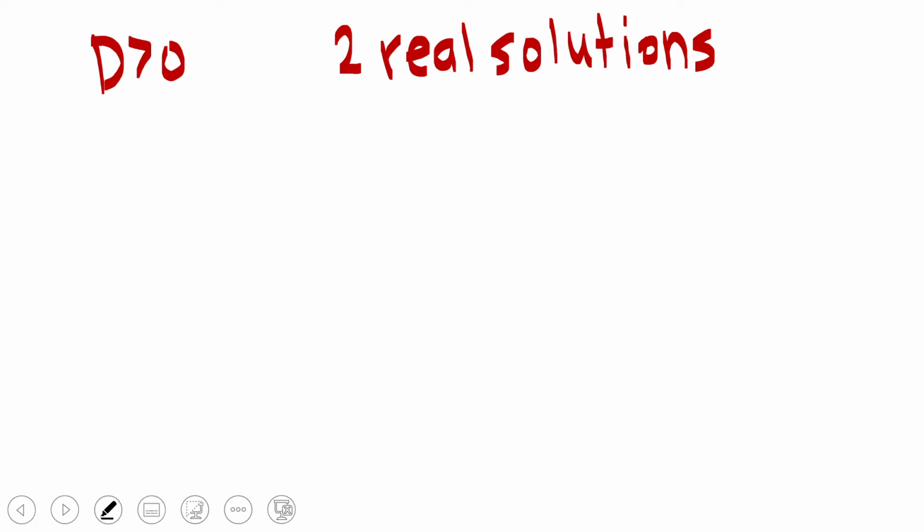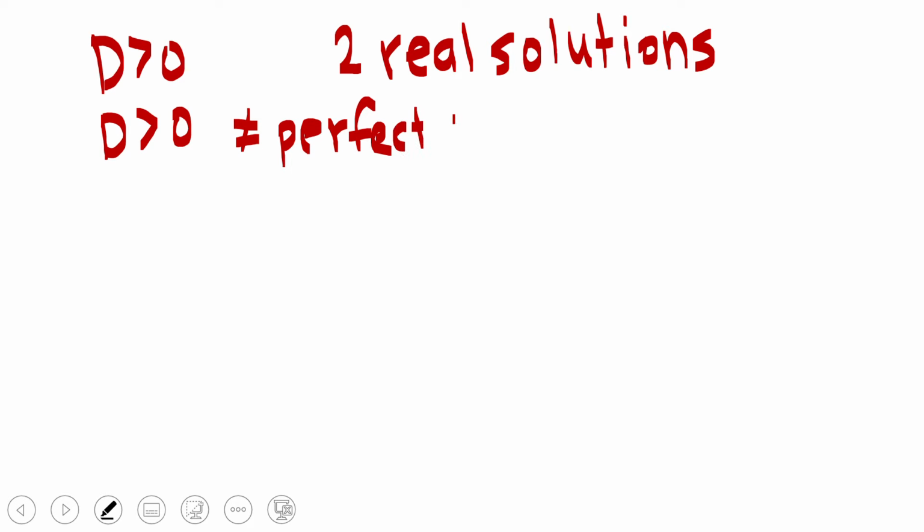When the discriminant is greater than 0 but not a perfect square, we have two irrational solutions.